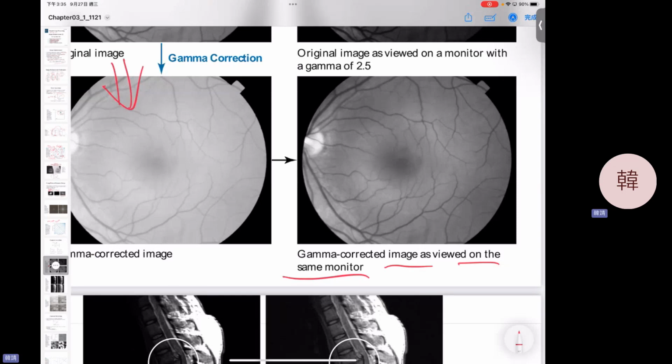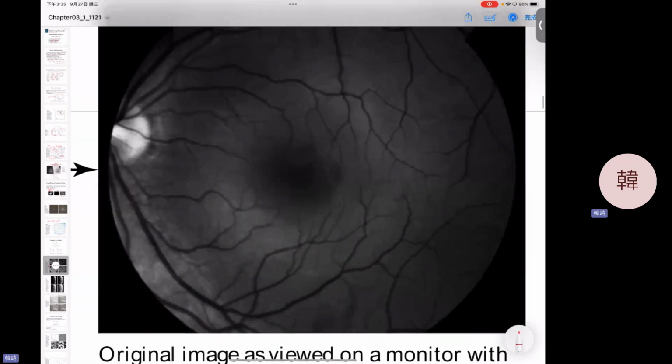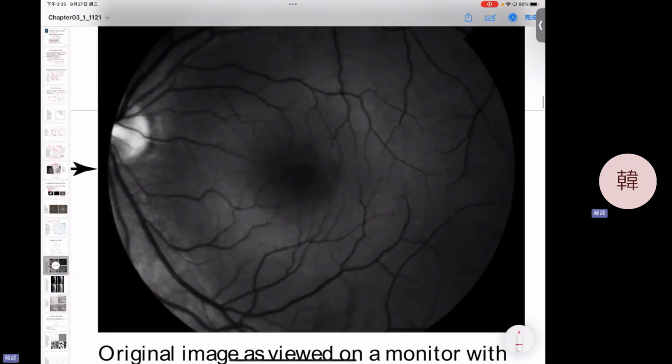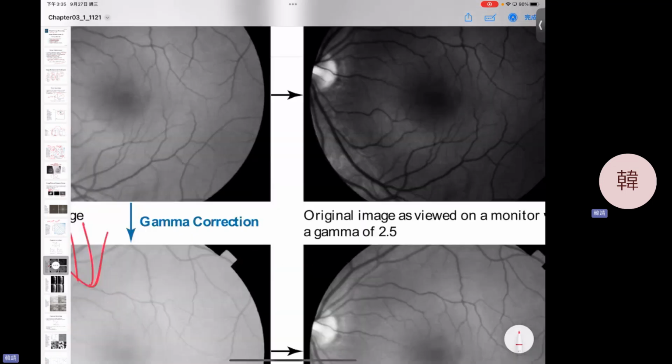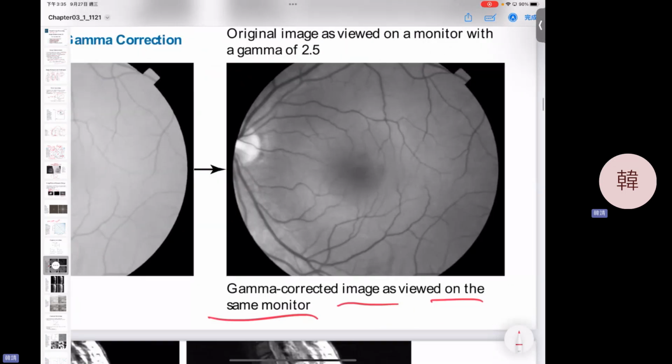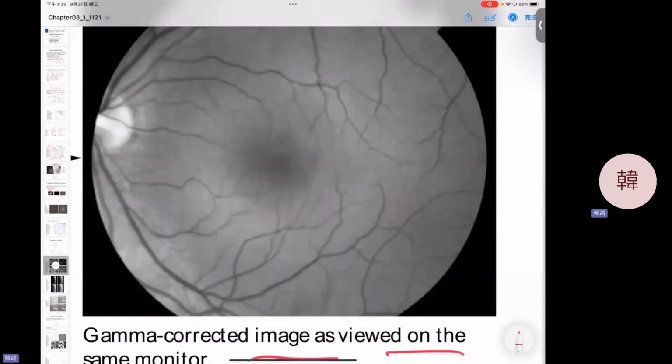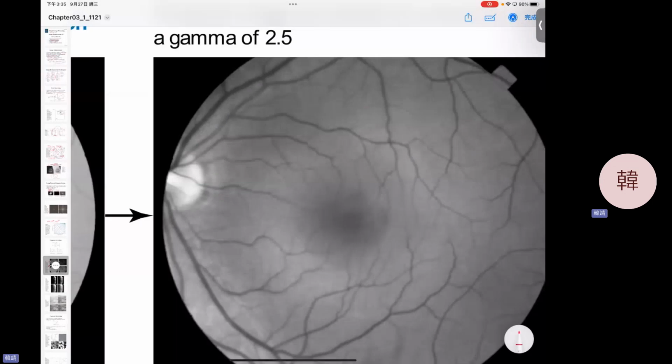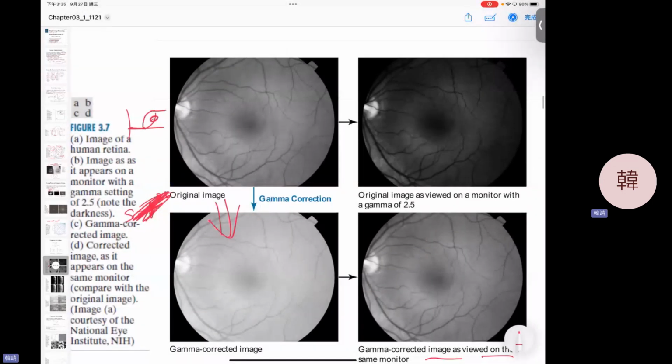Did you get the idea? If you don't do any gamma correction, you will look at the image like this one, due to the electronic device. So knowing that, we process our original image into this one with some gamma correction, and after your monitor displays it, you see a clear image, like the original one. So that's the device issue.